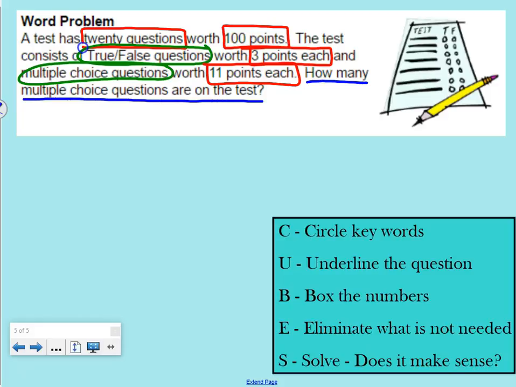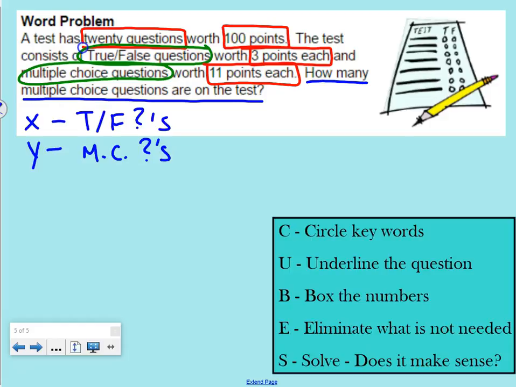So if we read that first sentence, a test has 20 questions worth 100 points. We have true-false questions and we have multiple choice questions. So I'm going to say X is true-false questions and Y is multiple choice questions.